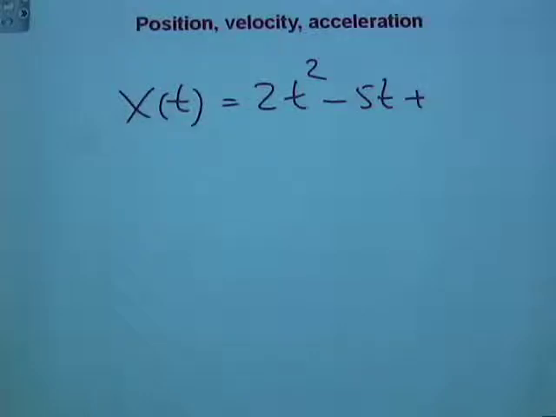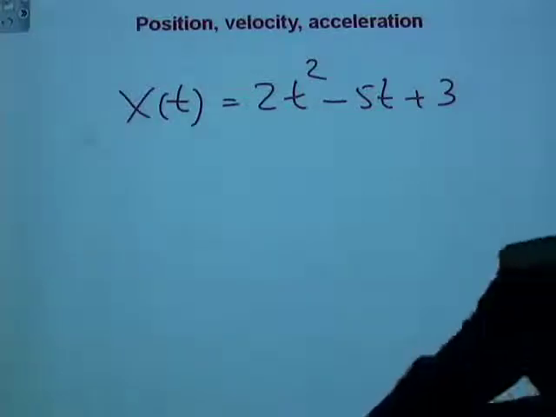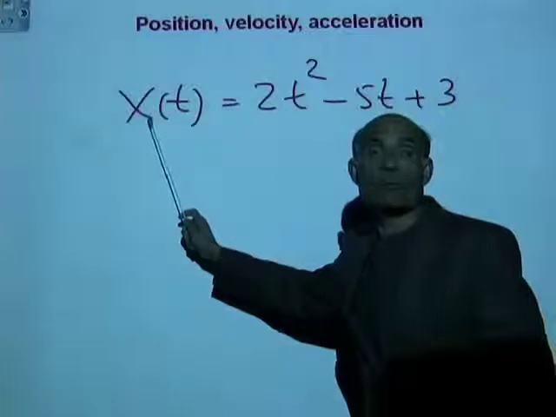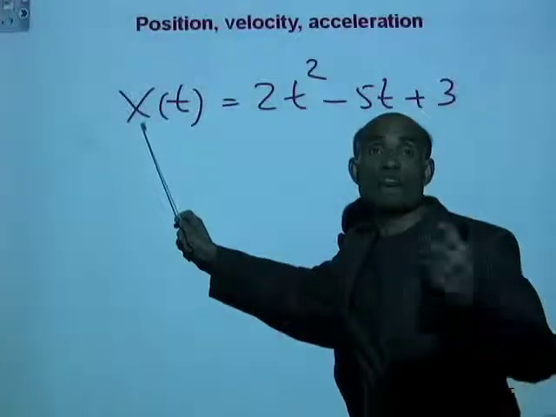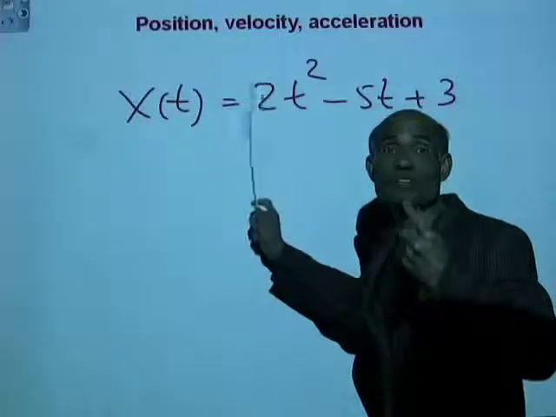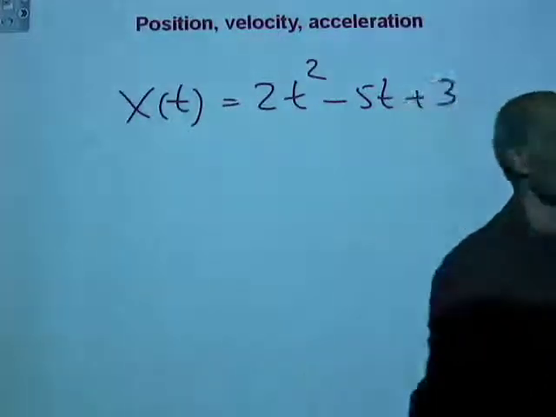Alright, let's say x of t equal to 2t squared minus 5t plus 3 is the position function. This function describes where the object is at a given time. For example, if I want to find the position at time t equal 1, I just put t equal 1 in the function. So this is your position function.